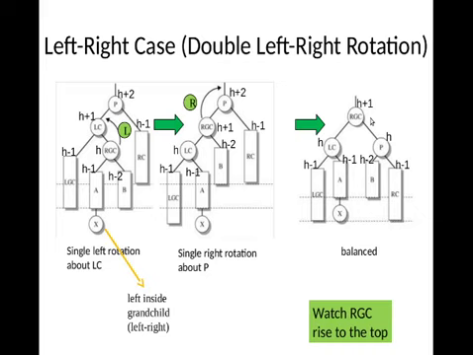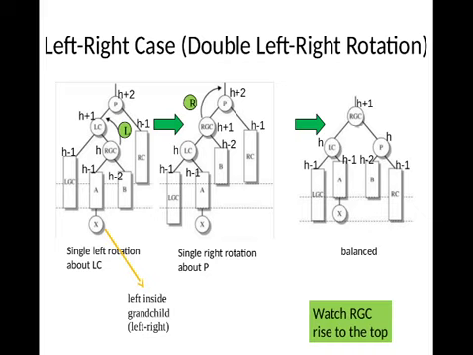Similarly, the new children of RGC are P and LC. The height of both of them is h. Hence, the height of RGC is h+1 and its balance factor is 0.